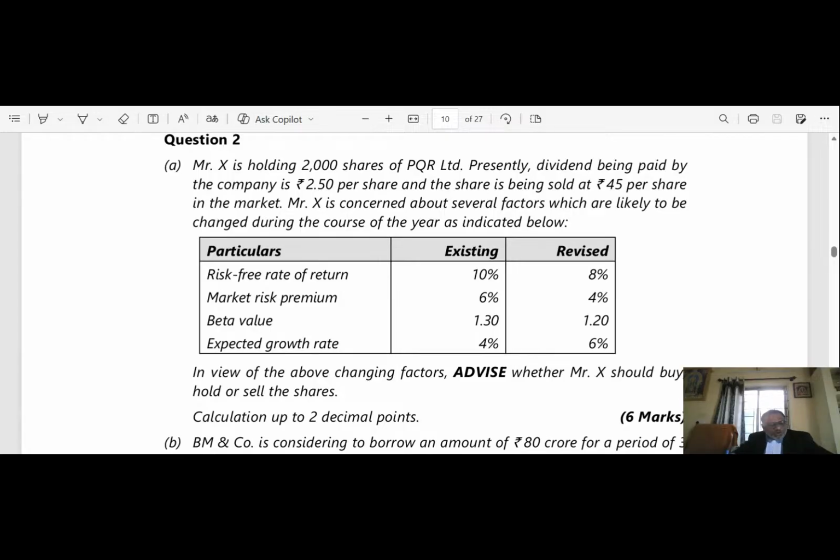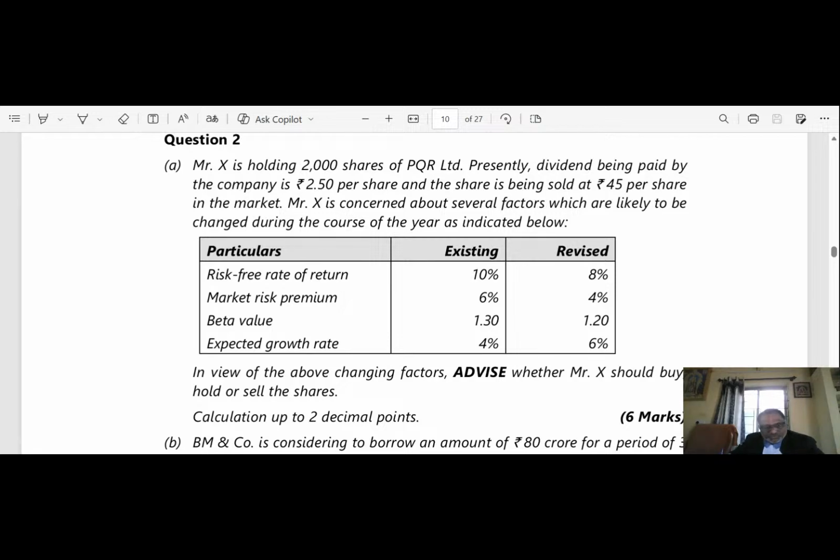That is equal to 2.5 divided by 13.8 percentage, that is equal to 18.12.